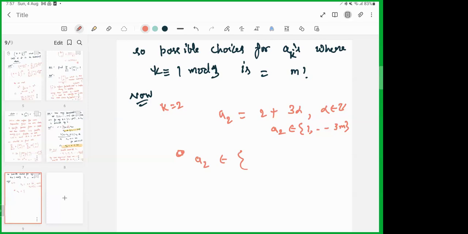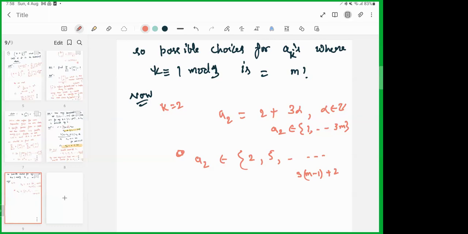This time it has to be congruent to 2 modulo 3. When alpha is 0, A2 is 2. When alpha is 1, it is 5. And up to then, the difference of 3 will form an AP, ending with 3 into m minus 1 plus 2. So this is 3m minus 3 plus 2, which is 3m minus 1.